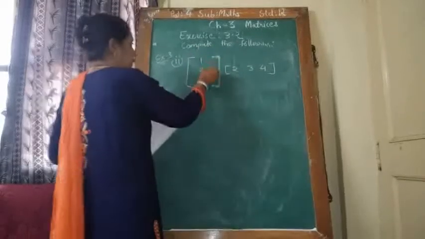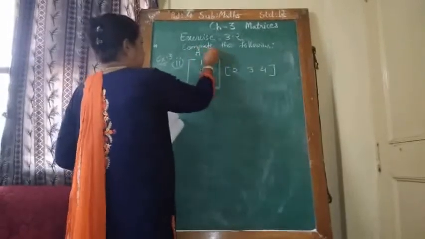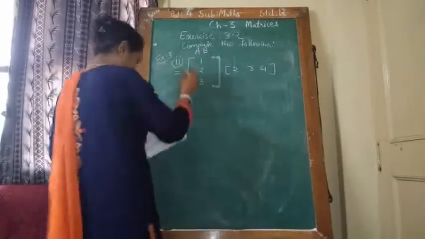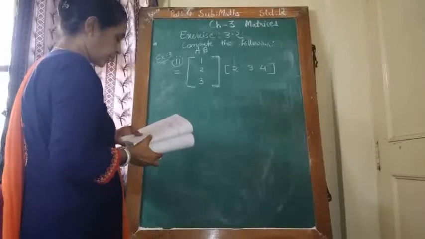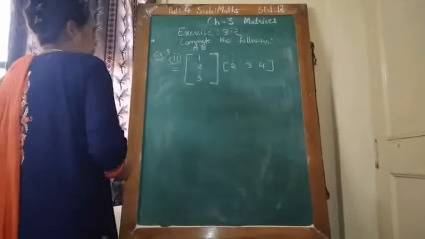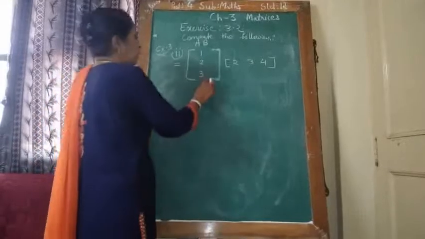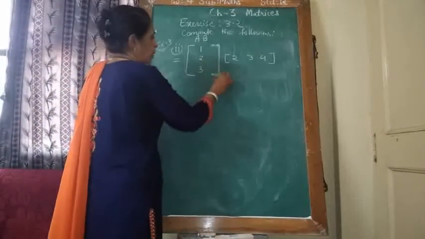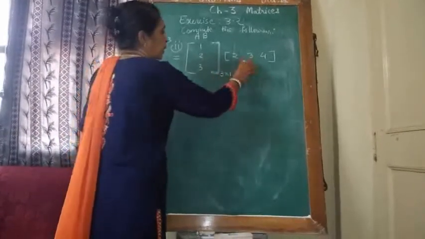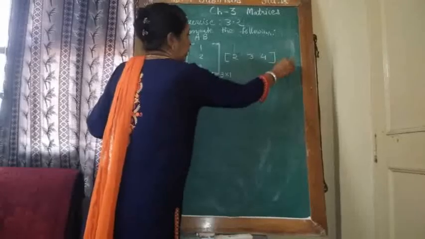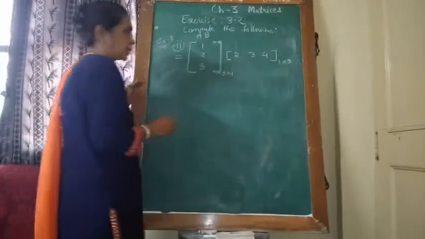Here I give this matrix as A and this matrix as B, and you have to compute the indicated product, that is, the product of these two matrices. So what is the order? The first is 3 cross 1 and the second is 1 cross 3.